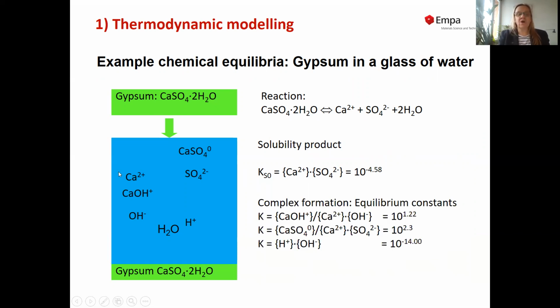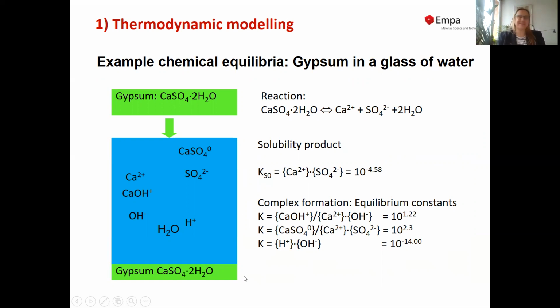In addition to calcium 2+ and sulfate, we also form a number of complexes, for instance, the uncharged calcium sulfate complex, hydroxide or protons are also present, and we can describe all these reactions with some additional complex formation constants, and we have to solve for this system with gypsum and water basically 4 equations.